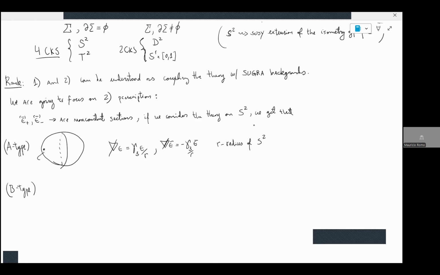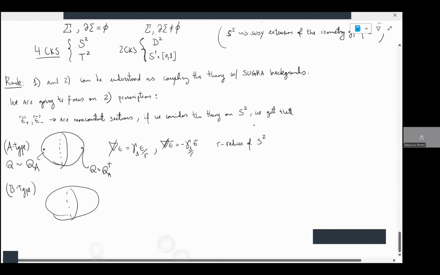something like this. No, this is correct. Here I get something: the charge Q goes like QA, but near the other pole the Q goes like QA dagger. And in the other case, here we go like QB, and here it goes like QB dagger.